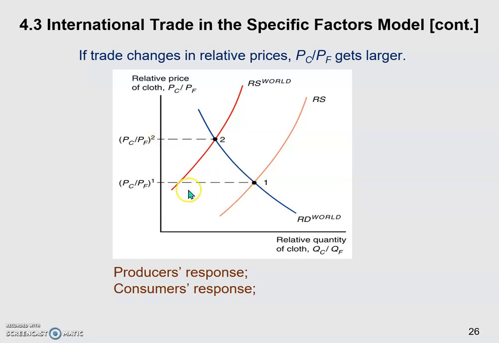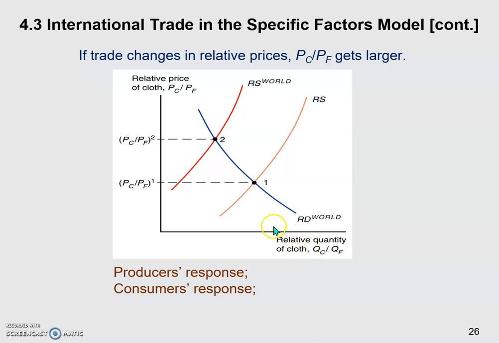Now, because the relative price of cloth gets higher, consumers find that cloth becomes more expensive relative to food, so they're going to buy less cloth and more food.